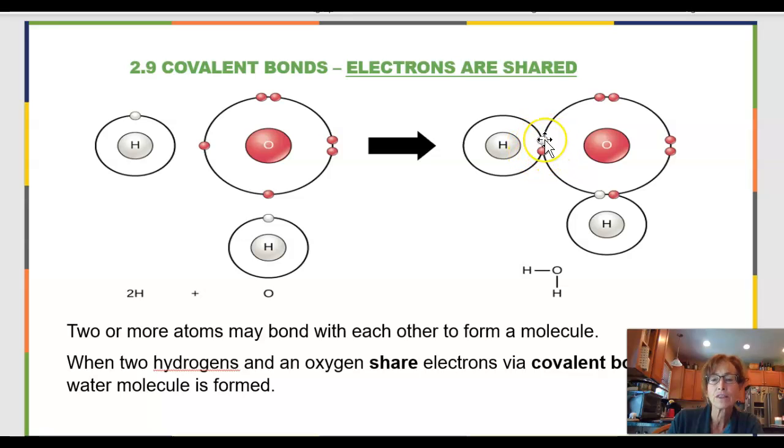Now we have this bond, forming a covalent bond that holds this molecule together. So this is water, H2O. You might notice here that it's a bent molecule. That has some relevance, and we'll talk about why this is hugely important in biology.